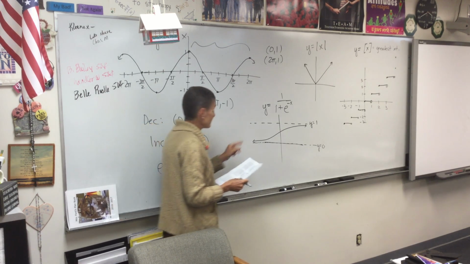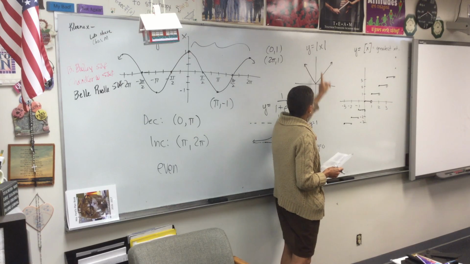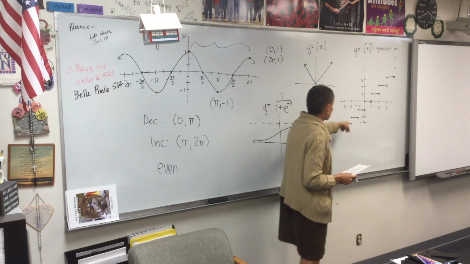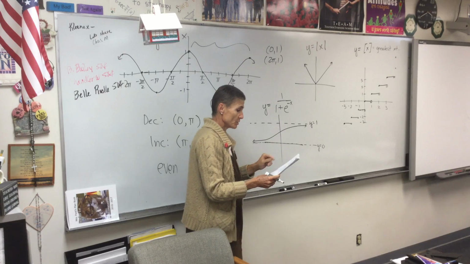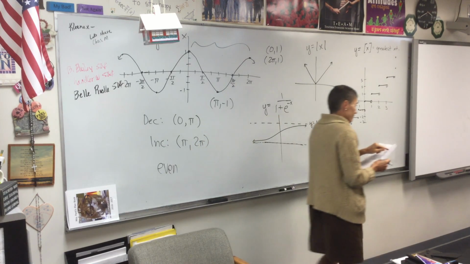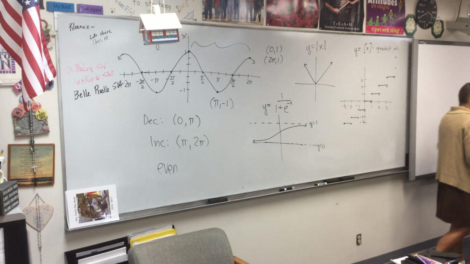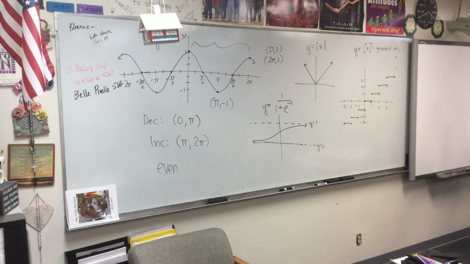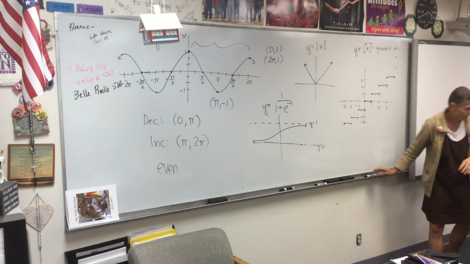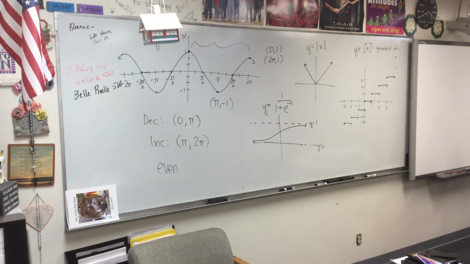Okay, so I have given you the equation, I've given you the graph for the ones on the last page here. So now I want you and your friends to start filling in. Tell me what you come up with in terms of domain, range, etc.